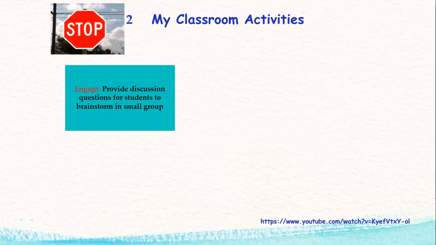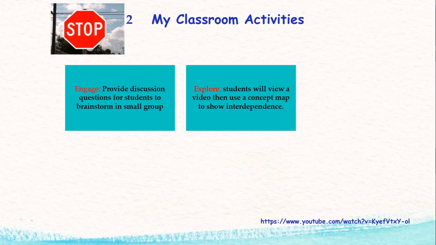Stop 2: my classroom activities. My classroom activities will involve the 5 E's. Engage: provide discussion questions for students to brainstorm in small groups. Explore: students will view a video and then use a concept map to show interdependence.